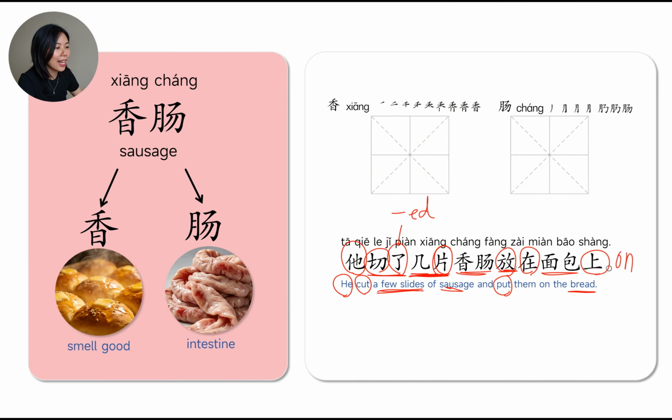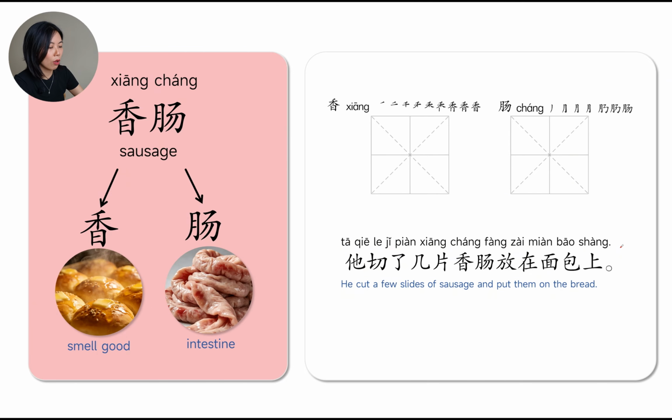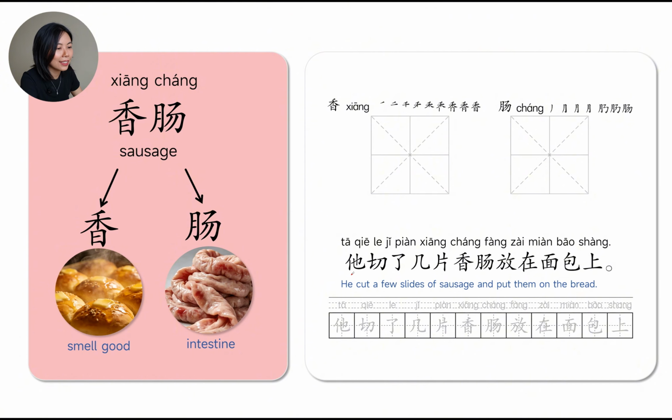So 在面包上 on the bread. Okay, so the whole sentence: 他切了几片香肠，放在面包上。He cut a few slices of sausage and put them on the bread.